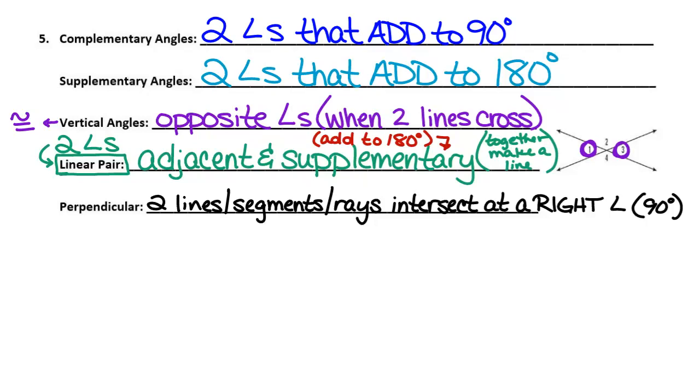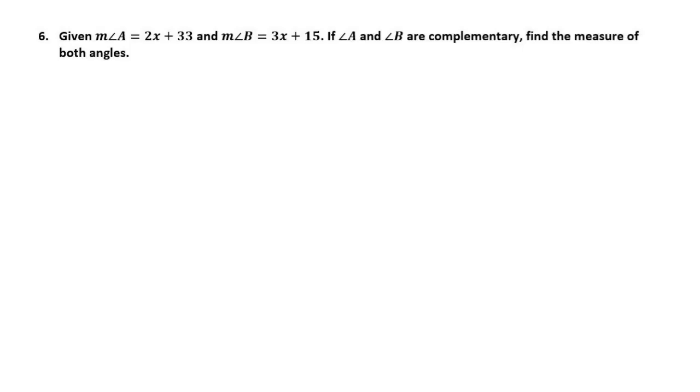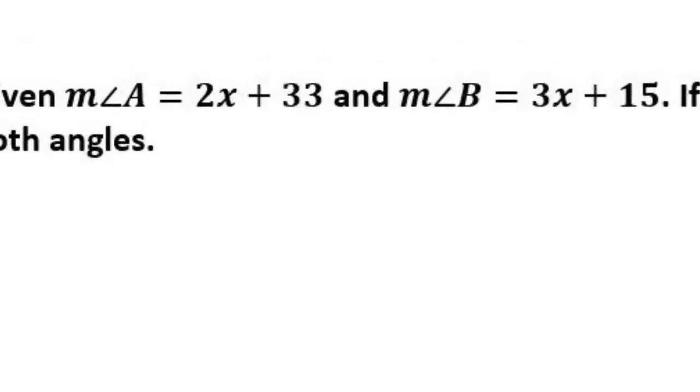There are 4 problems that I would like to go over with you guys. Starting with the one at the very bottom of the page here. It tells me the measure of angle A is 2x plus 33.